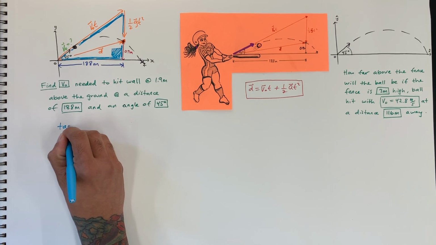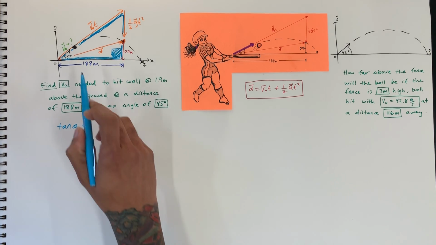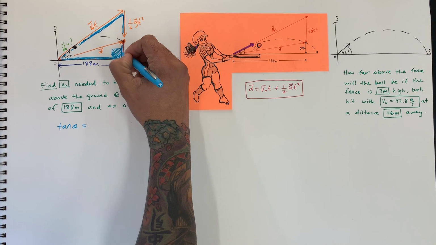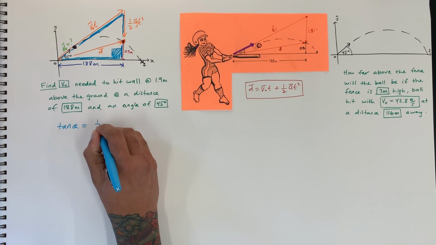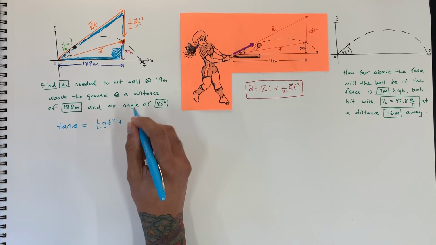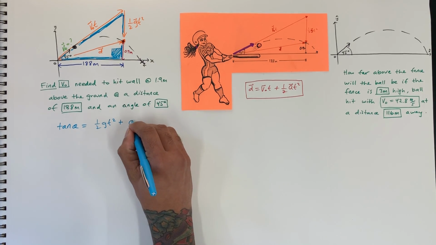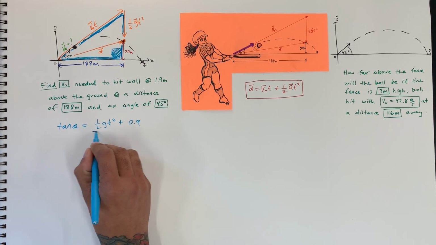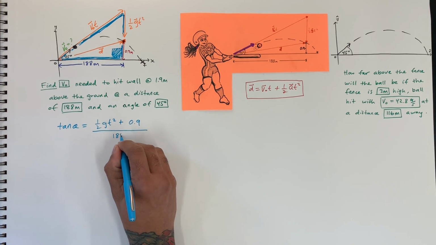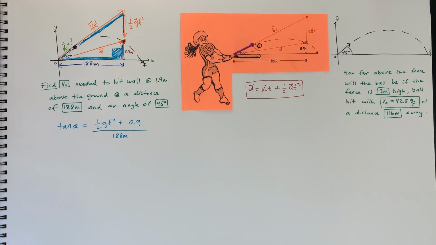Tangent theta is equal to opposite, which is the entire opposite side here, 1/2 g t squared plus this extra segment that we're adding on, 0.9, over adjacent, which we do know, and is 188 meters.